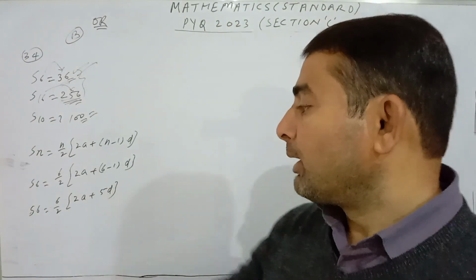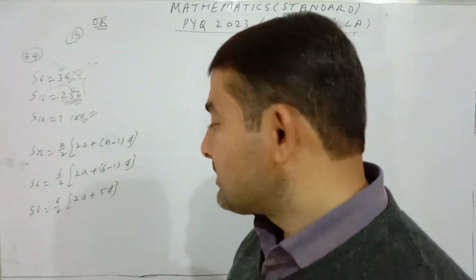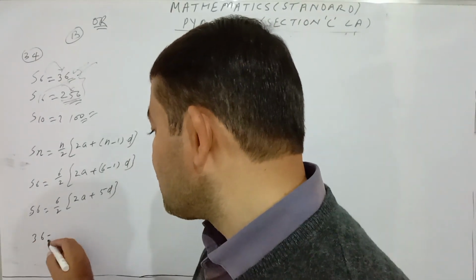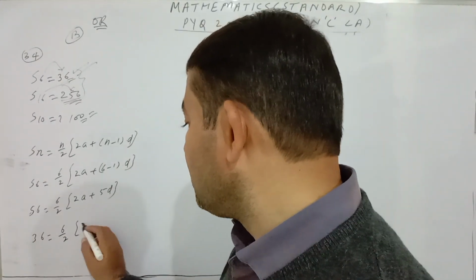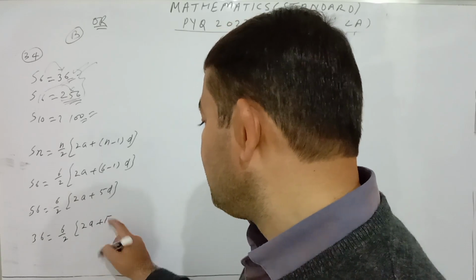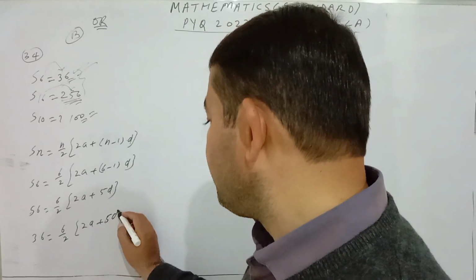So what is the value of S6? S6 is given as 36, which equals 6 by 2 into 2a plus 5d.